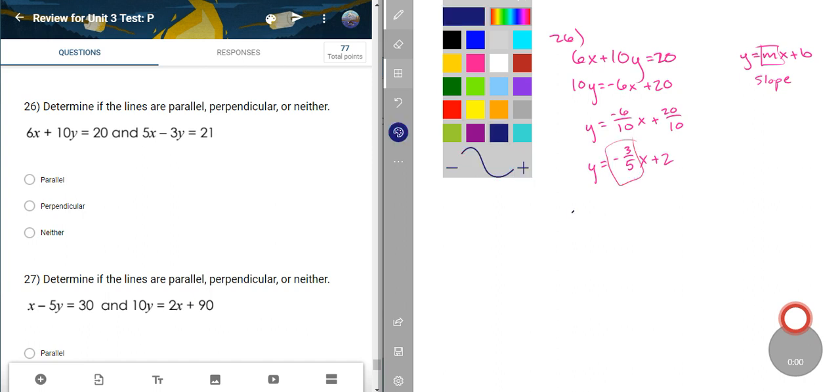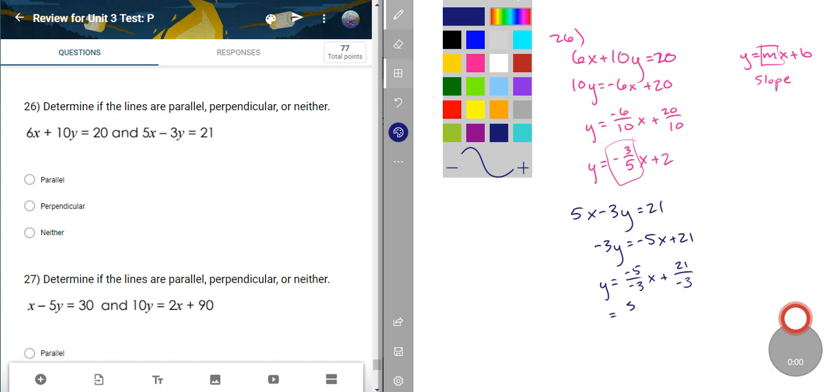Second equation is 5x minus 3y equals 21. Same approach. Negative 3y equals negative 5x plus 21. We'll divide by negative 3. So negative 5 over negative 3x plus 21 over negative 3.